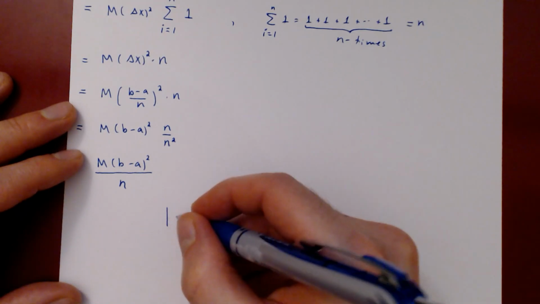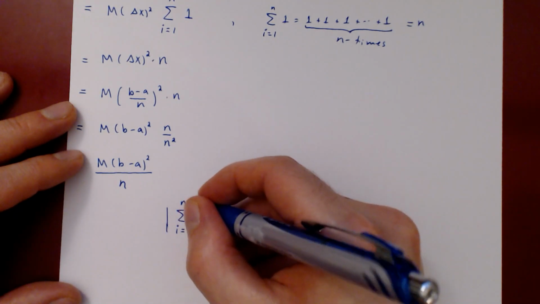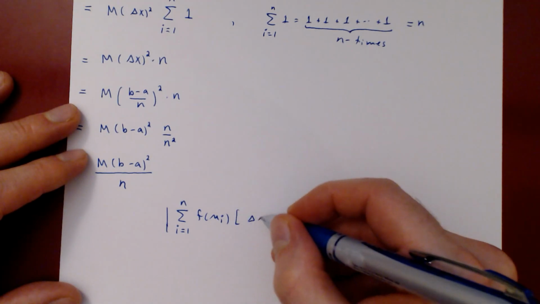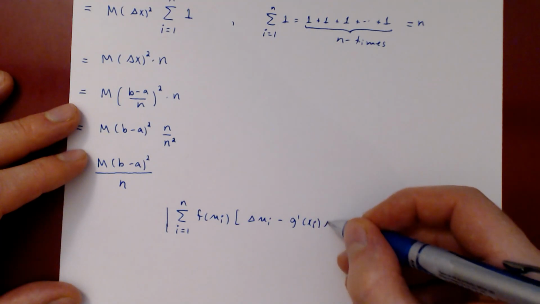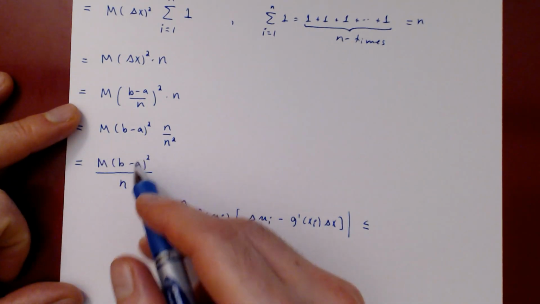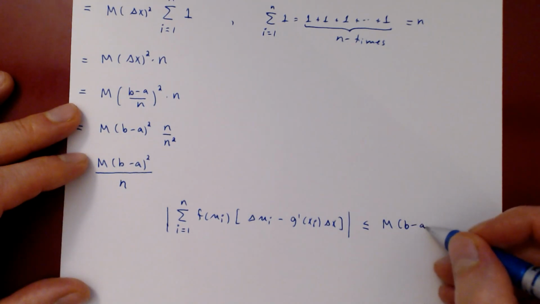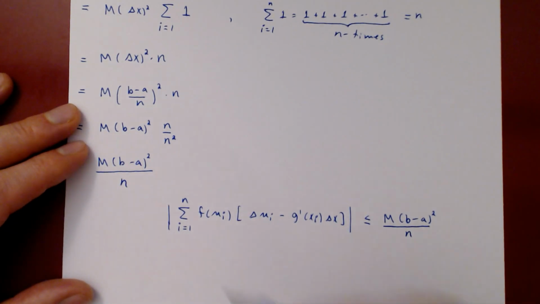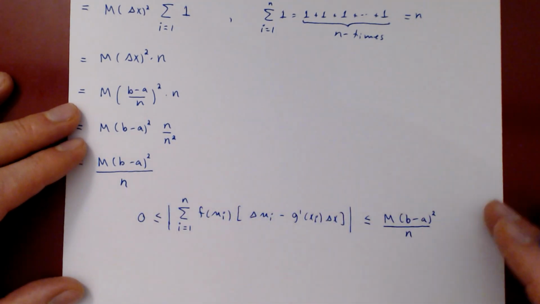So we have an absolute value of our summation being at most this fixed constant over n, and obviously since we have here an absolute value of our expression, this is at least as big as 0.